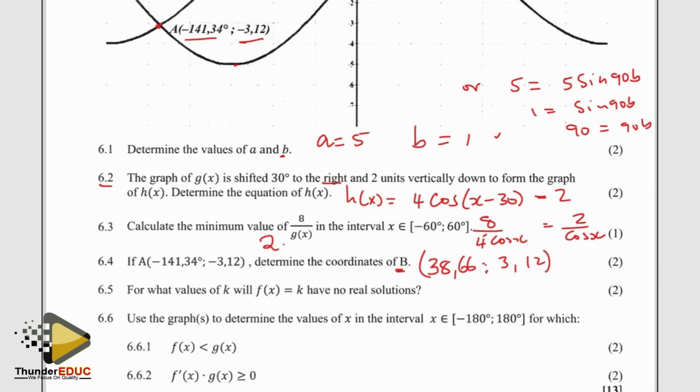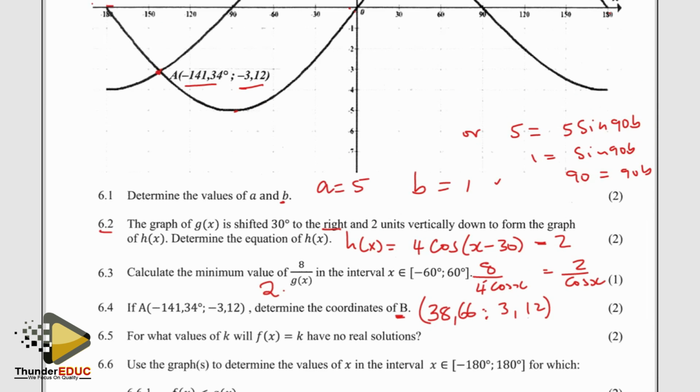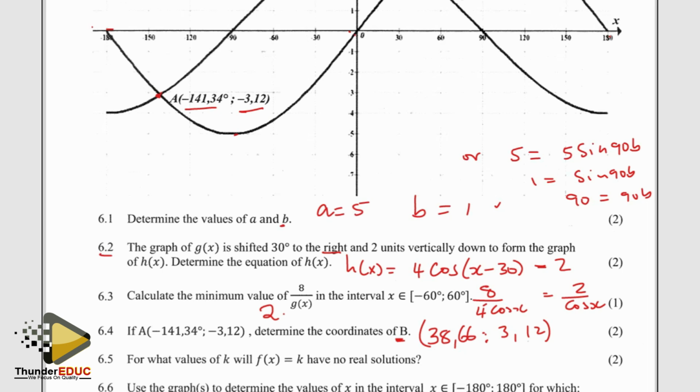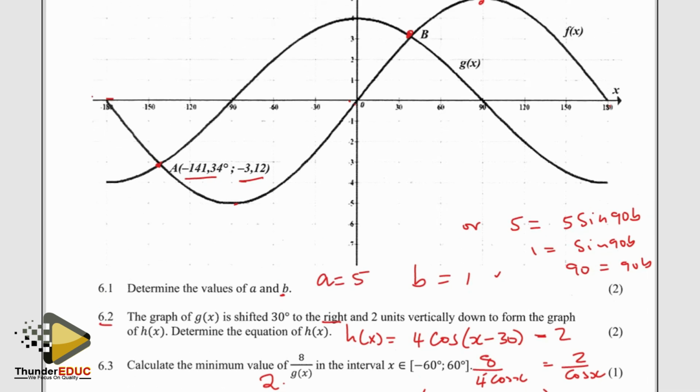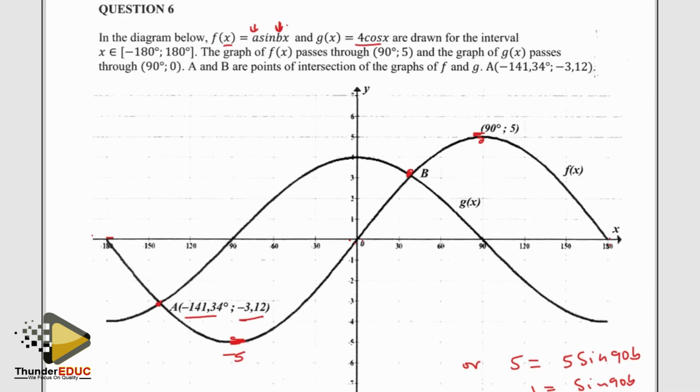Then 6.5, for which values of k will this have no real solutions? Okay. Now for the graph of f to have no real solutions, it shouldn't touch the x-axis. Now since the minimum is negative 5, if we choose to shift this graph 5 units upwards, it will be touching at one point there, and we won't have any other point in this interval.